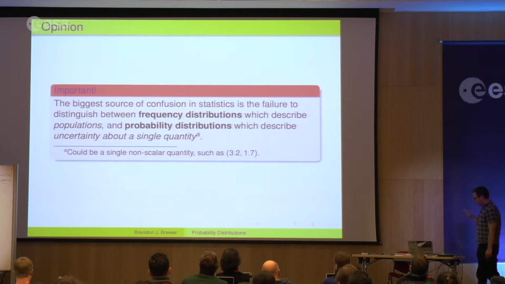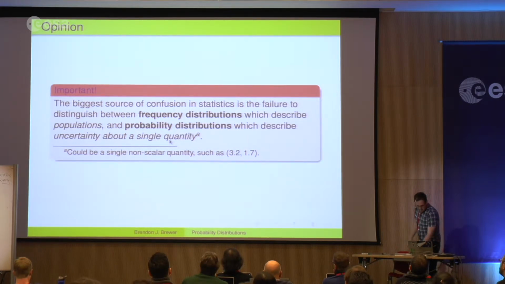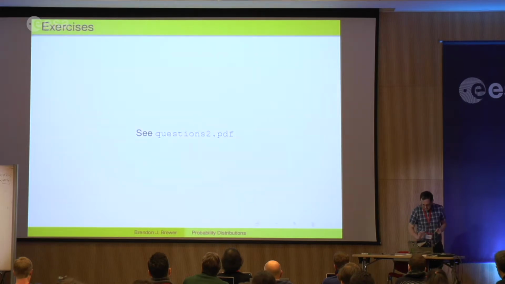One of my pet things is I like to be ultra clear when I write down a probability distribution. Am I writing down something like a histogram of a population, or a model of the fact that I don't know a single quantity? Those two things have the same maths, and it can lead to confusion if you don't know which is which. Or if you have some mixture of them in the same problem, it can get especially nasty.